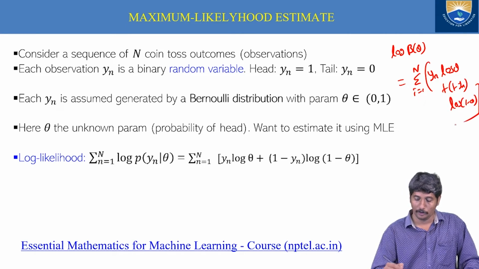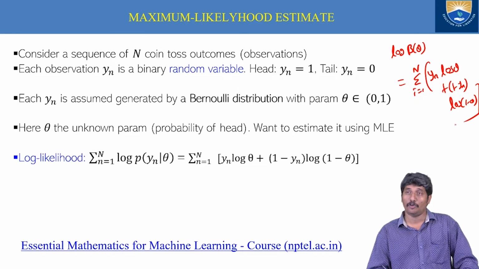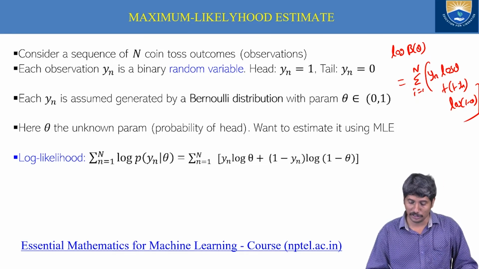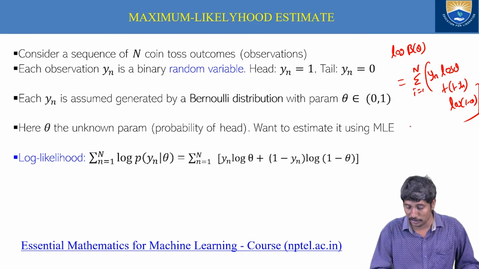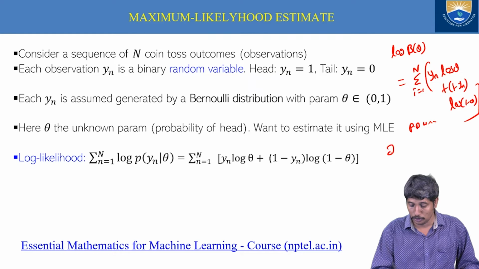After obtaining this, we want to find the maximum possible value of theta, right? For that, we will partially differentiate with respect to theta. That means d by d theta of log b of theta.